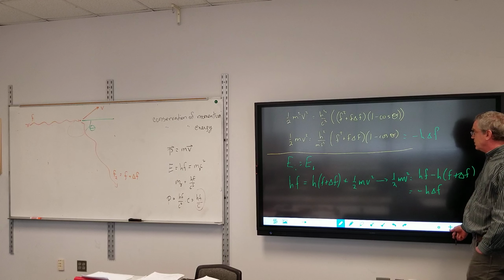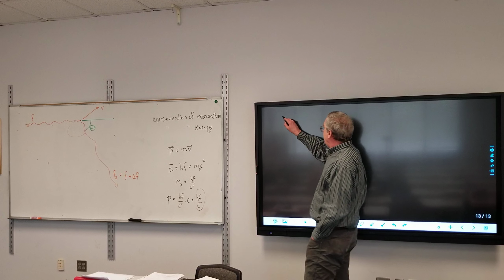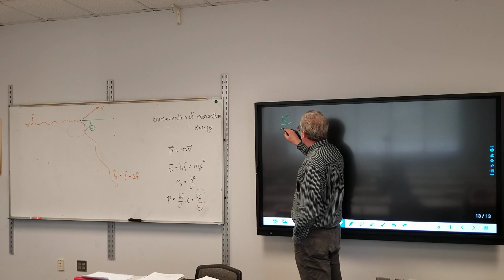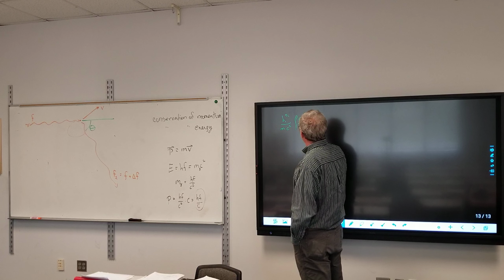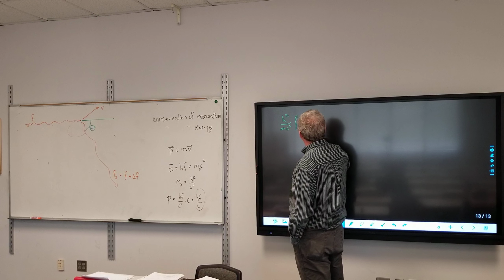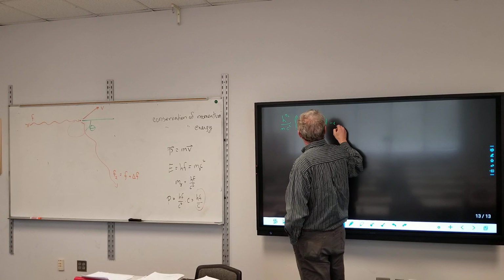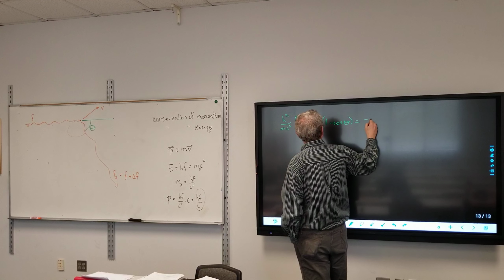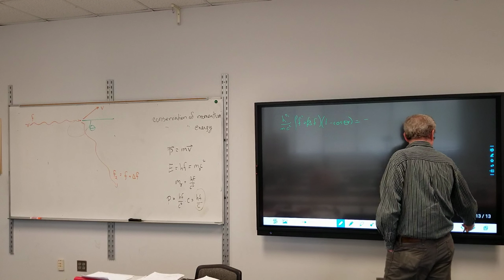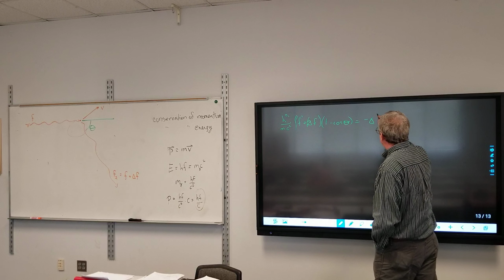So h squared over mc squared times f plus delta f squared plus f delta f, 1 minus cosine theta, equals negative delta f.